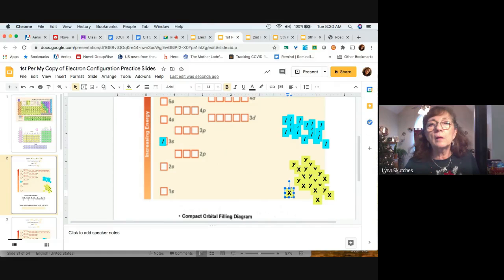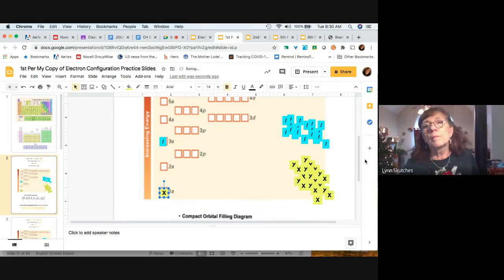So again, drag over some X's because those are 2 electrons. I don't have a mouse, so this is a little tedious, but you might not either.